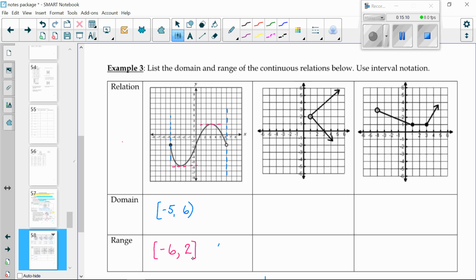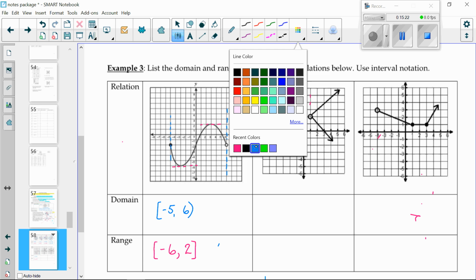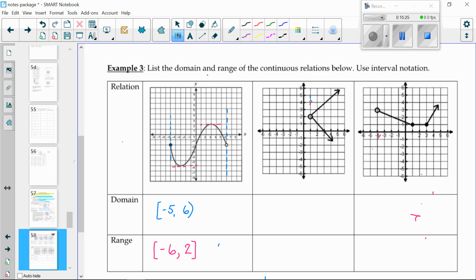Okay, so I've got, oh, this is an interesting one. Okay, let's look at our lowest value for x. The lowest value for x, I'll do it in blue, comes at 1, but we're not including the point because it's an open circle, okay? So that means that we've got a round bracket at 1, comma.